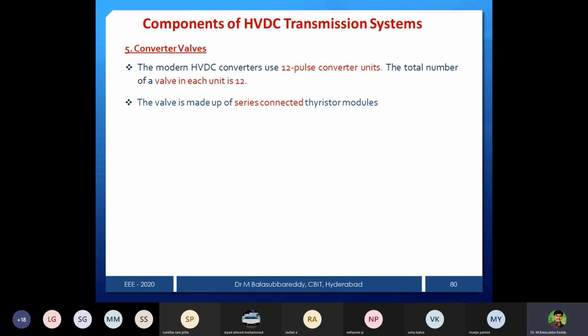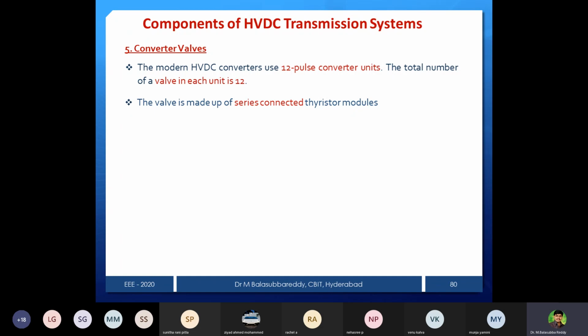In general, we don't require series and parallel operation of SCR in normal applications, but for very large applications like HVDC, we must use that, because one device cannot withstand carrying that much current. Then to increase the voltage capability and the current capability, we make use of series and parallel connection.